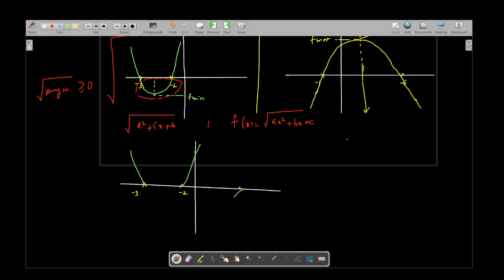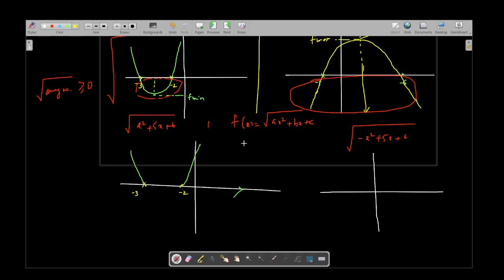Similarly, when you put a square root over a down looking curve, which is -x squared plus 5x plus 6, the negative part gets truncated. Now the curve would look like this, with roots -1 and 6. It never goes below the x-axis.